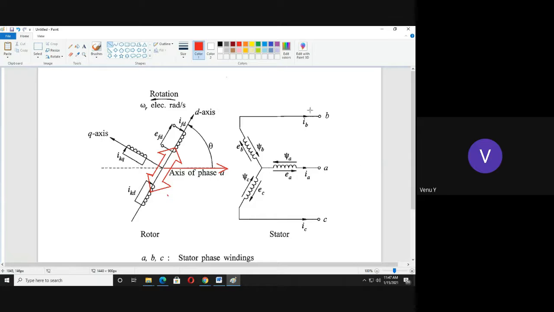Phase A, phase B, and phase C are 120 degrees from each other. So psi A is the flux linkage in phase A, and the corresponding induced voltage is EA, for the current flowing through phase A, which is IA. When the current flowing through phase A is IA, the flux linkage is psi A and the induced voltage is EA.